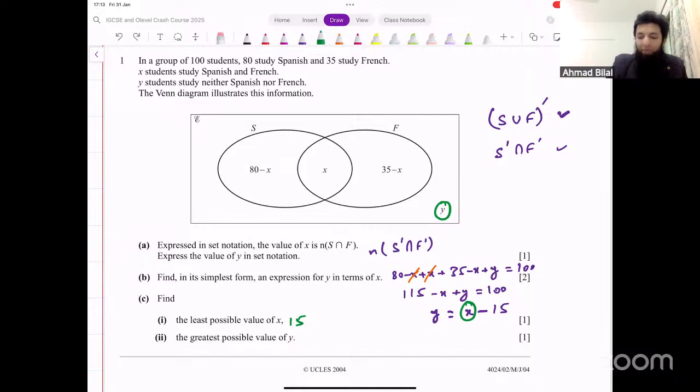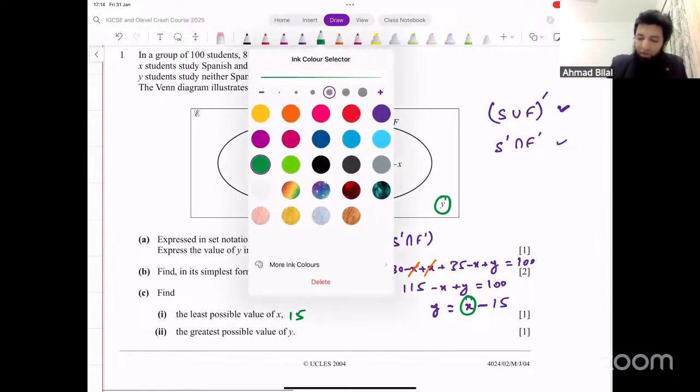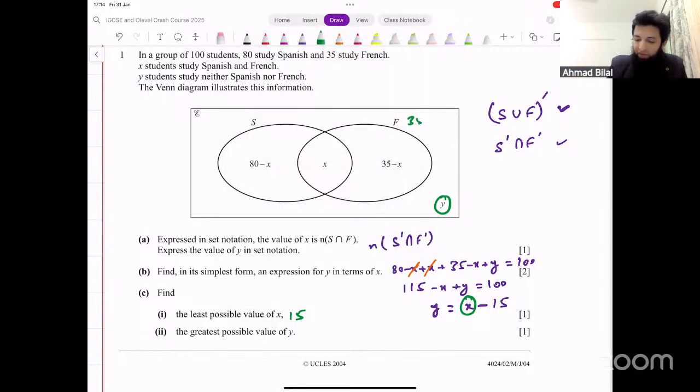Now, how big can this intersection be? What's the largest possible value of x that you can have here? Think about that. How many common elements can the F circle and the S circle have? The F circle in total has 35 values, and S circle has 80 values.